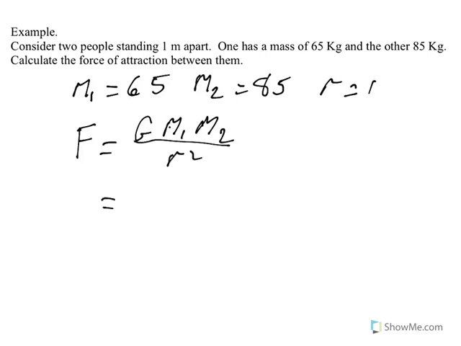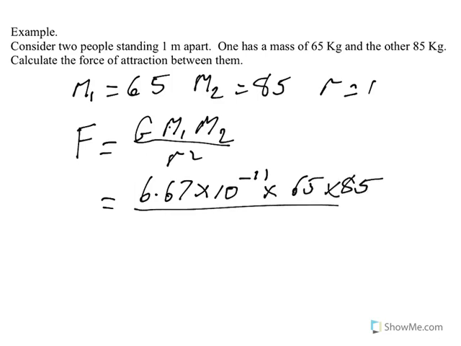Big G is 6.67 by 10 to the minus 11 times 65 times 85 over 1 squared. When you put that on your calculator, you get a number which is quite small: 3.69 by 10 to the minus 7 Newton.